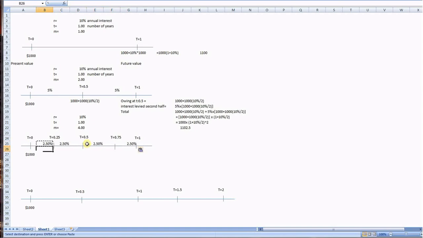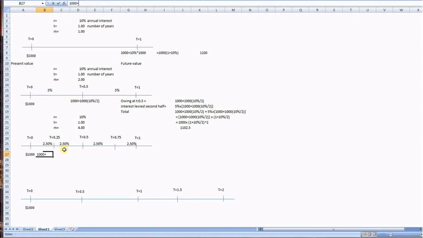Okay, so similar to the previous example, let's calculate the principal plus the interest rate that we are charging him as at t equal to 0.25. So principal is $1,000, and how much interest are we charging him?